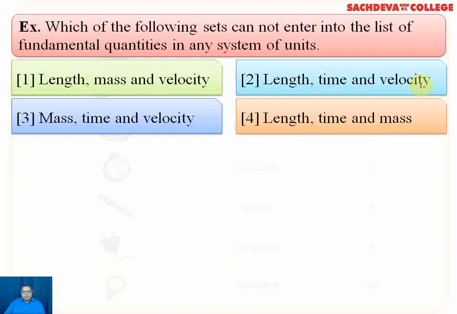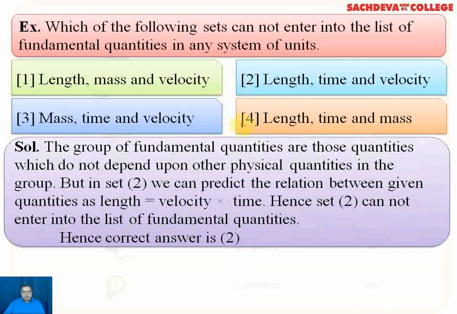It cannot be listed as fundamental quantities because we can relate them and they have definite units. Length, mass, and velocity cannot be related by any formula. Similarly, the third and fourth options are not related by any formula. So they are all listed as fundamental quantities. So the second option is the correct option.